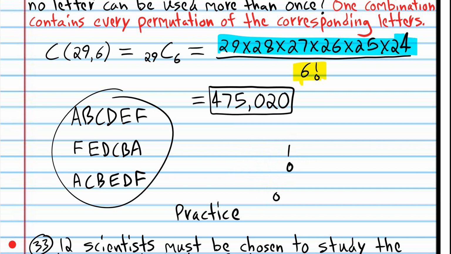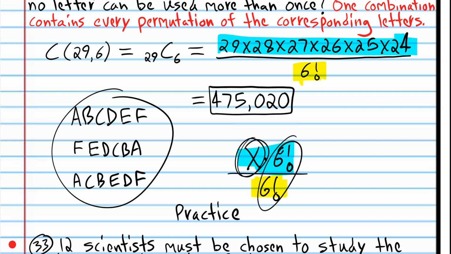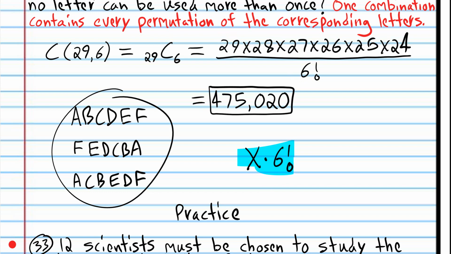Now, I know what you're thinking. You're thinking, I don't get this. This is pretty complicated. And you know what? You're right. It is complicated. But as long as you know the context of what you're doing and how to use the math, the counting is going to be very easy.